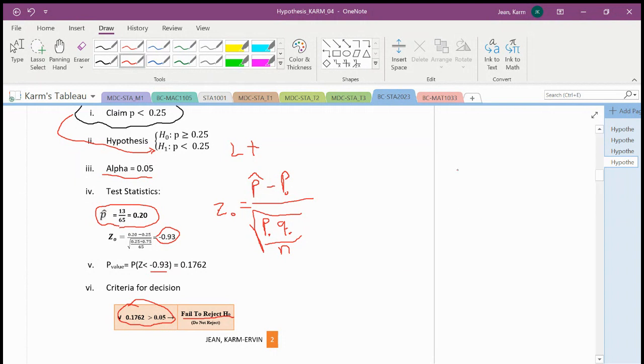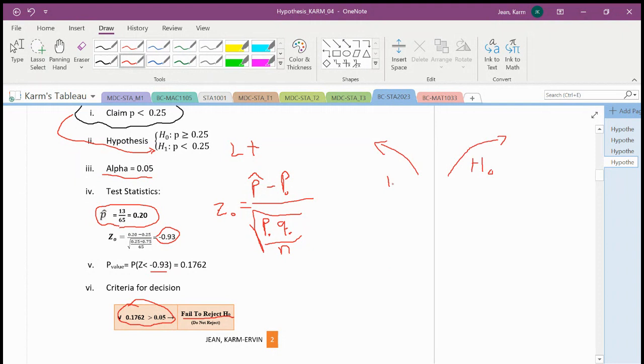Okay, let me give you an idea, guys. Suppose you got two roads in front of you. One goes this way, the other one goes that way. Now suppose this one is H0 and this one is H1.